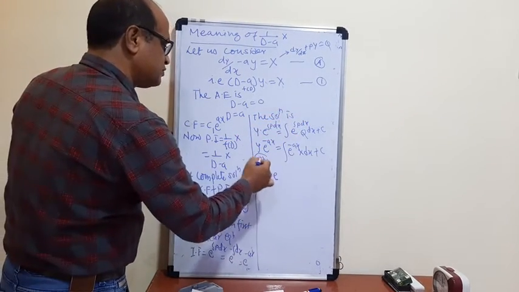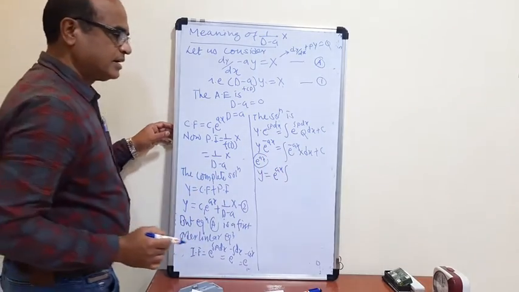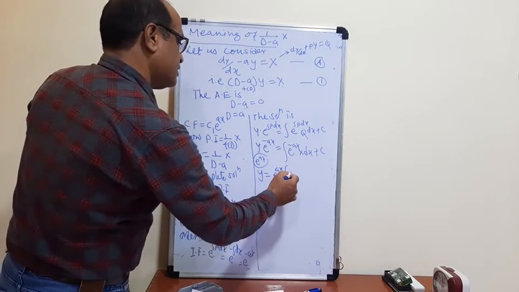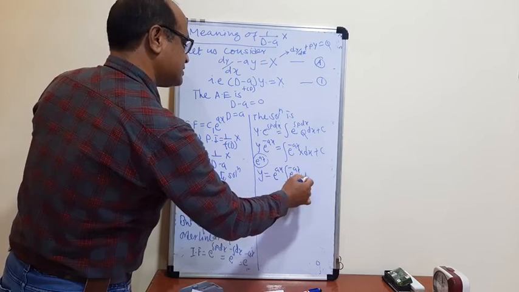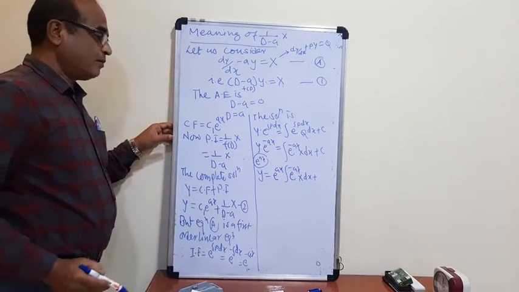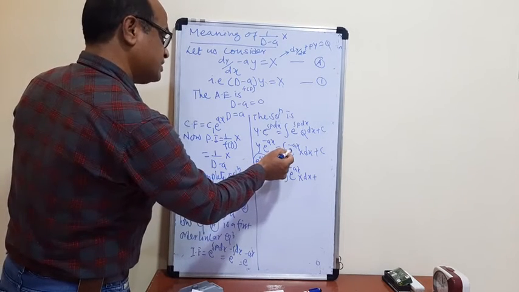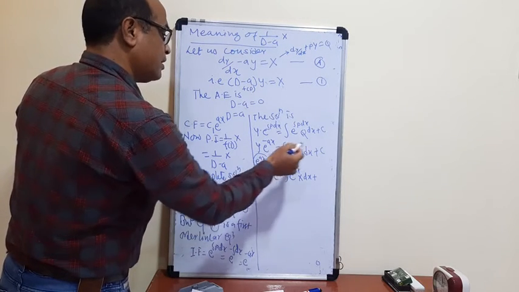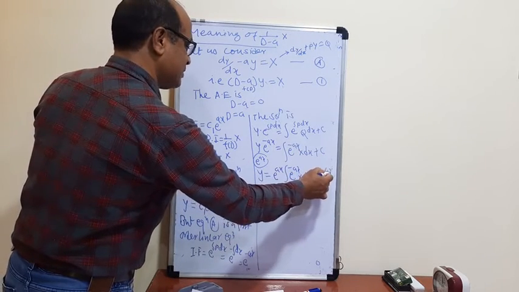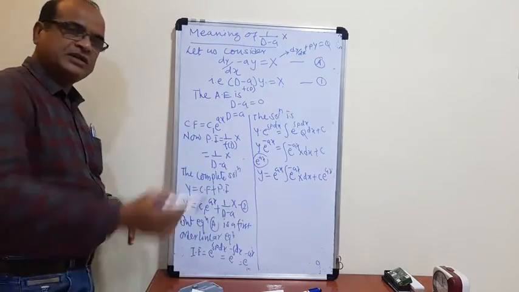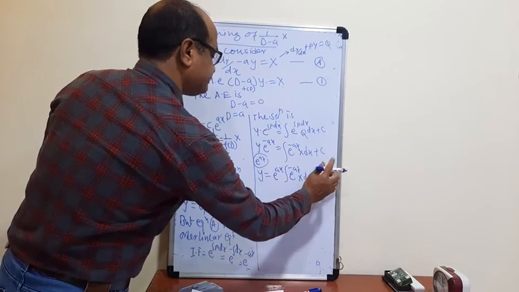So this is e raised to ax times the integration of e raised to minus ax, x dx, plus, multiplying this term also, C into e raised to ax. So we get this here.